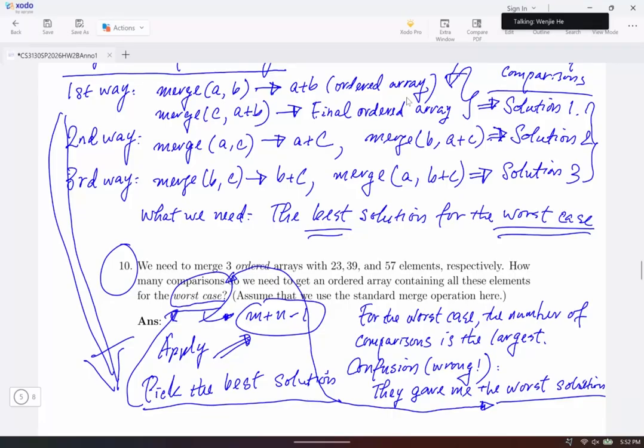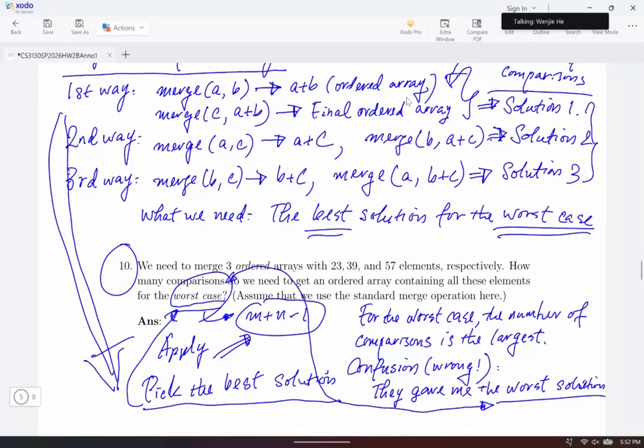Because every semester there are quite some students. As I remember, probably 3 to 5 students gave me the worst solution, not the best solution. So this time, I want to emphasize this point, because otherwise you may lose 2 points.